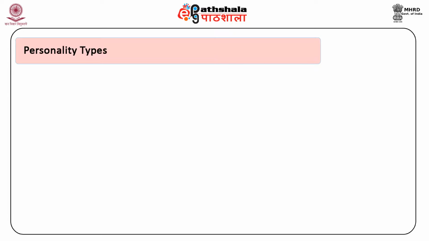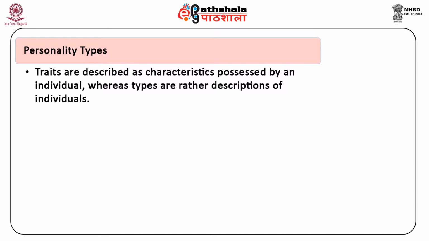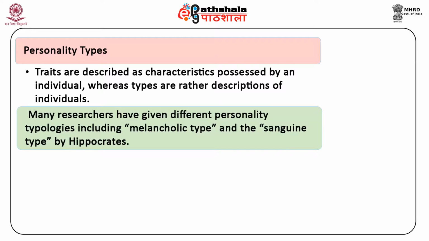Personality types. Traits are described as characteristics possessed by an individual, whereas types are rather descriptions of individuals. Many researchers have given different personality typologies, including melancholic type and the sanguine type by Hippocrates.